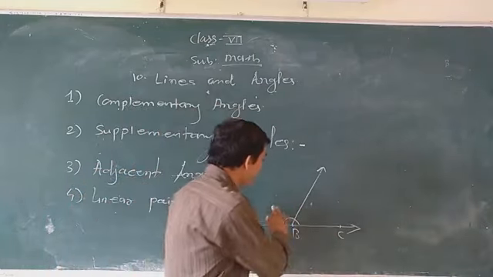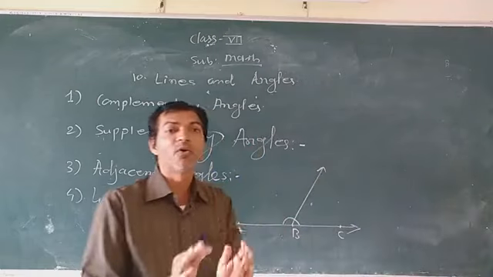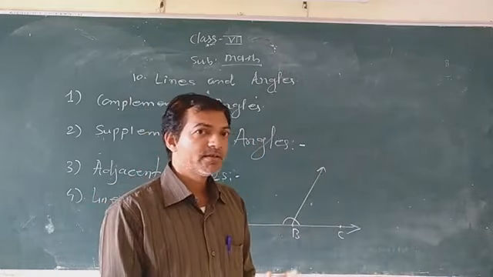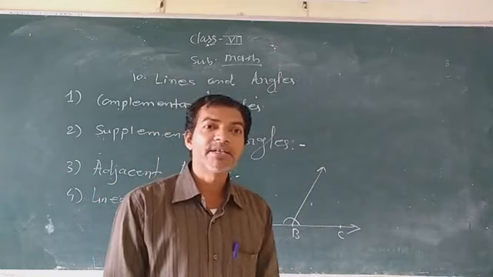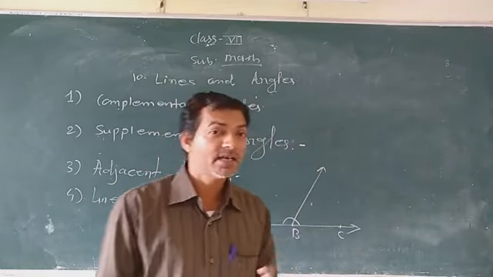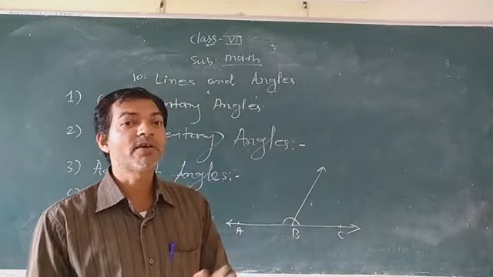ये दोनों एंगल linear pair form करते हैं, इसका मतलब वो supplementary है. ओके, या वो दो एंगल supplementary है मतलब वो linear pair form करते हैं, ऐसा कह सकते हैं, लेकिन not every time.